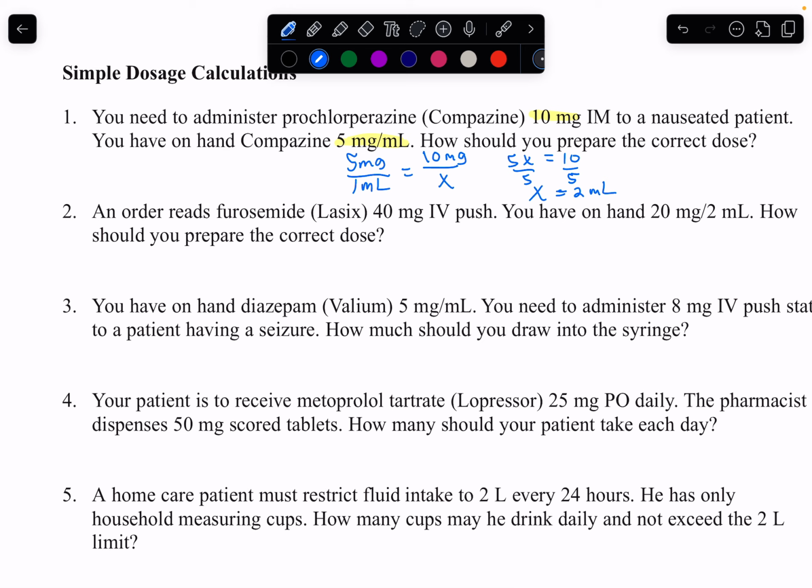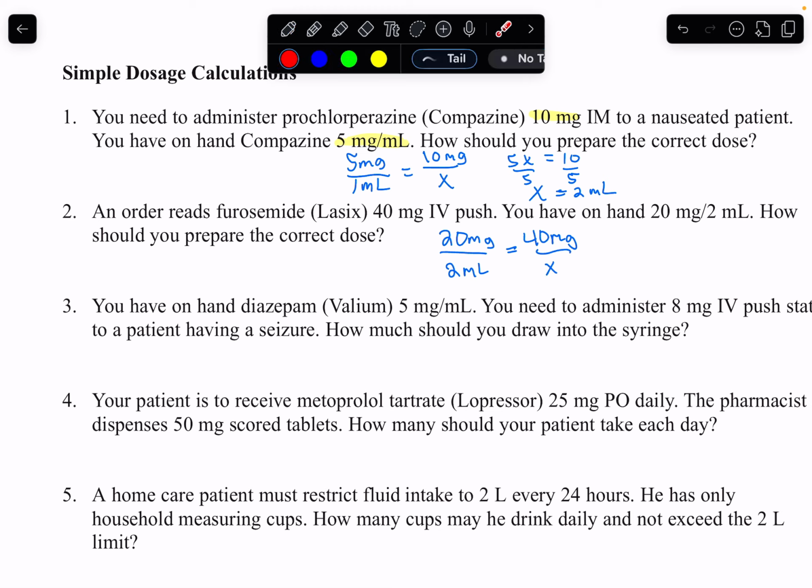Let's look at number 2. It says the order reads Lasix, 40 milligrams IV push. You have on hand 20 milligrams per 2 milliliters. How should you prepare the correct dose? Well, I have 20 milligrams in 2 milliliters. 40 milligrams is how many milliliters?